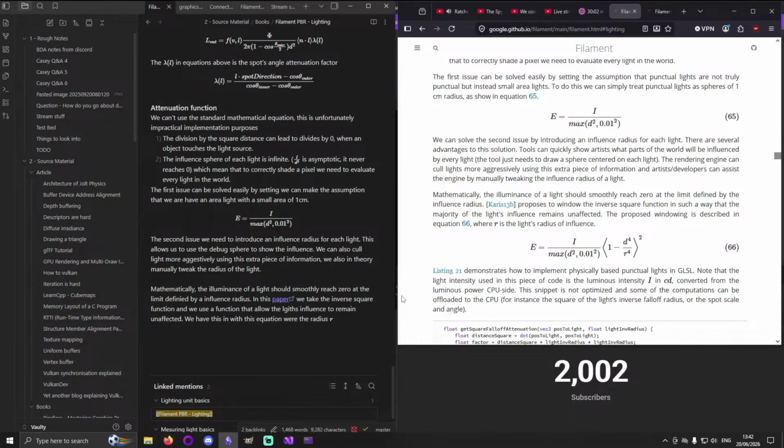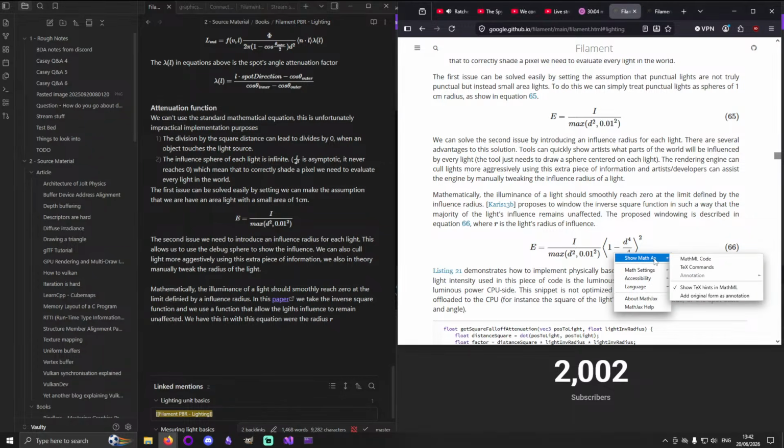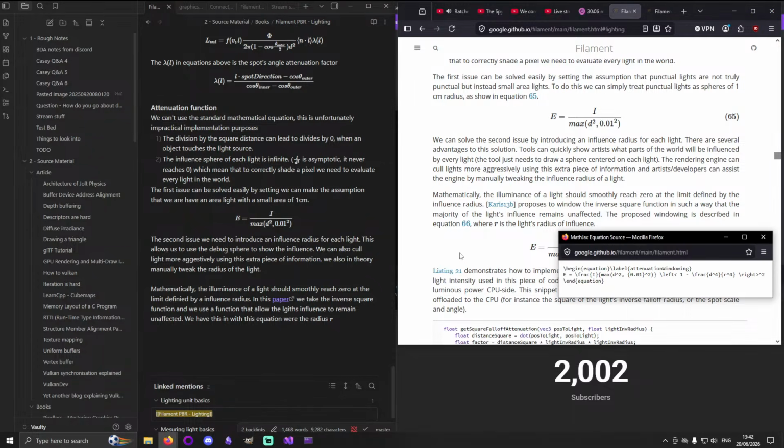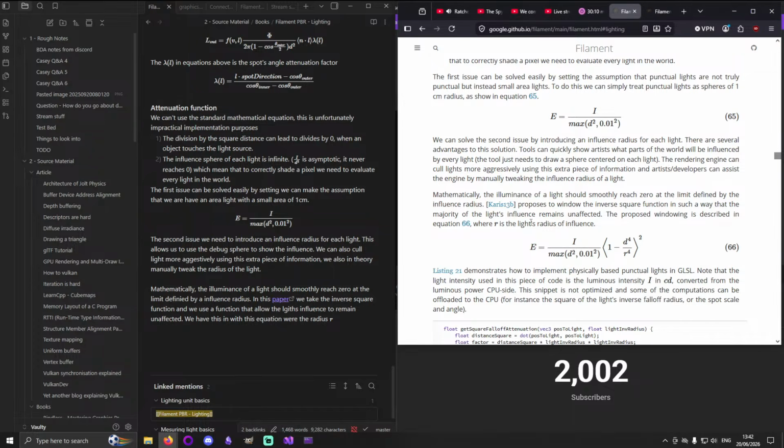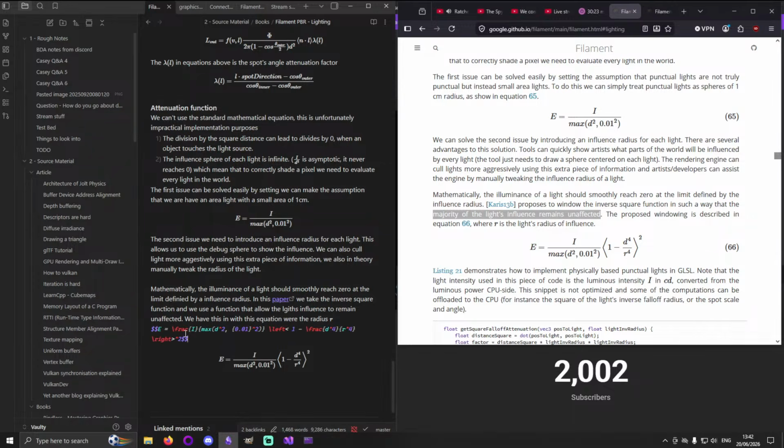Okay, I'll just write that out. I think we can just take the LaTeX. So it mostly remains unaffected, so the majority of the light is unaffected, but not completely. I don't know how much percentage is affected, but I assume 80 to 90% is fine. So yes, we have a power of 4, which is interesting.